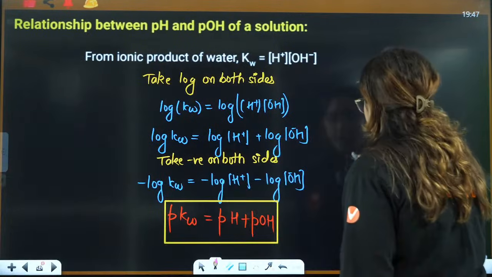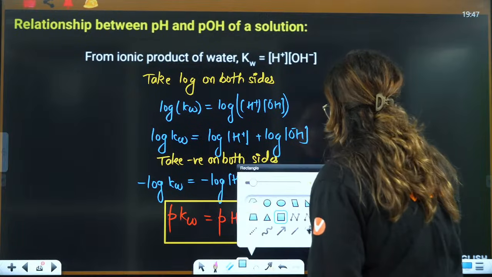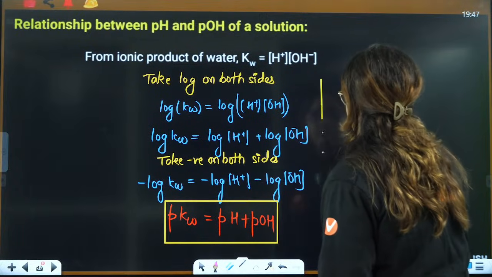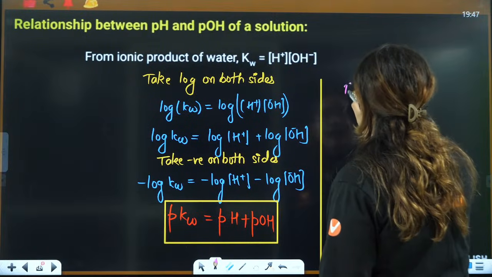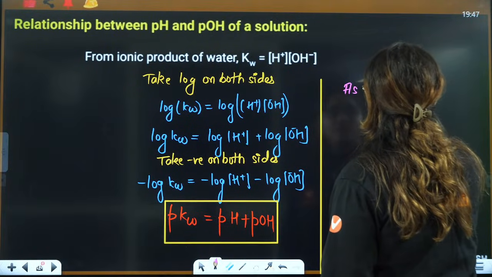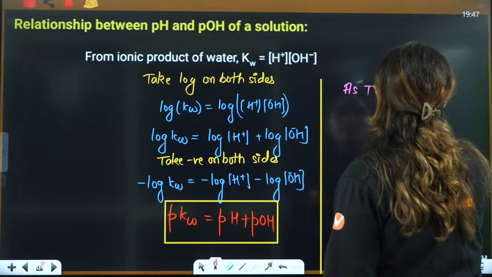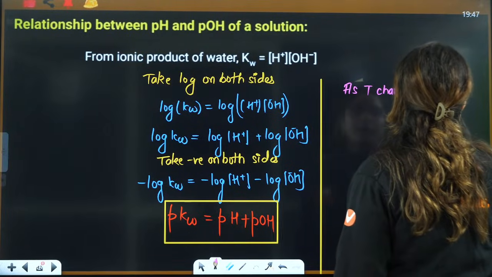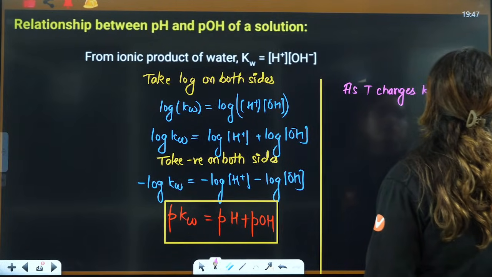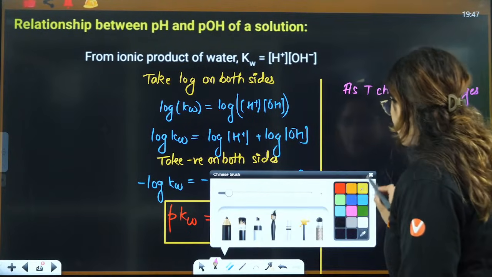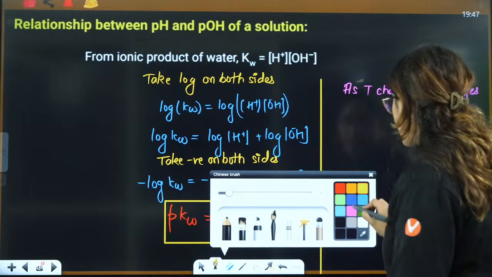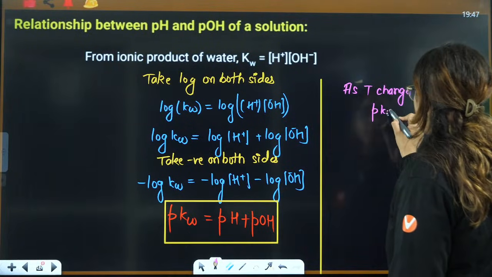So we can write, at 25 degrees Celsius, as temperature changes, Kw changes, right? And that is the reason pKw will change.